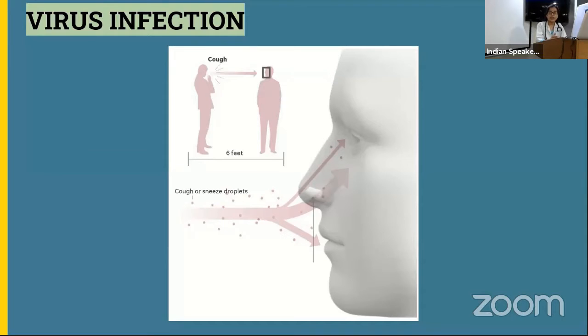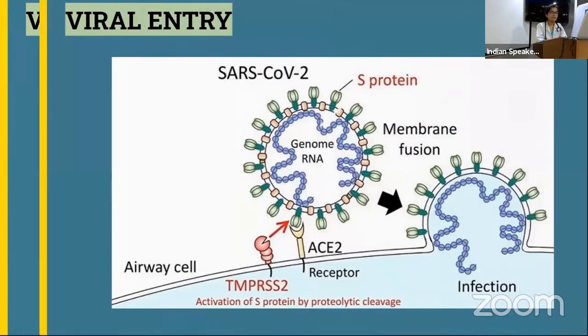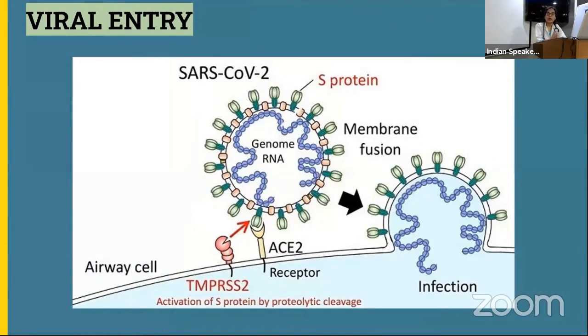The virus then travels down the throat and the airways, infecting them on its way, thus producing dry cough in the patient. When the virus reaches the alveoli, it binds to the ACE2 receptors present on the type 2 pneumocytes lining the alveoli with the help of spike protein or S protein.